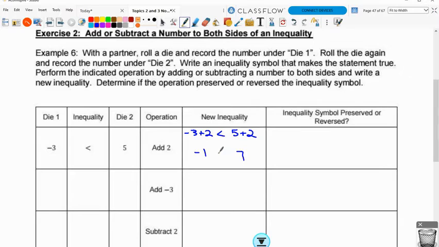And -1 is less than 7. So now I need to fill in the last column of my table. Was the inequality symbol preserved or reversed? Well, originally it was a less than symbol. It's still a less than symbol. So we're going to say here that the symbol was preserved. Remember, preserved means that we kept it the same. So adding 2 to both sides of the inequality preserved the inequality symbol.